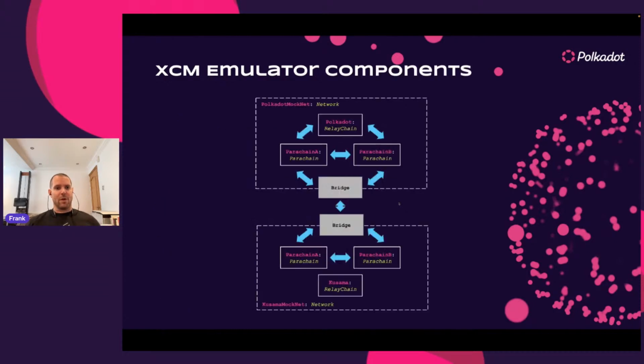So moving on to some of the components, and some of these were already touched on by Bruno, so I'm not going to go into a huge amount of detail here. The simple idea is that the more recent version of the XCM emulator that was added to Cumulus is actually Parity's version of it, inspired by the original XCM emulator developed by Sean.